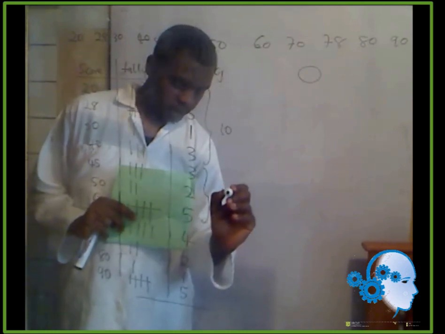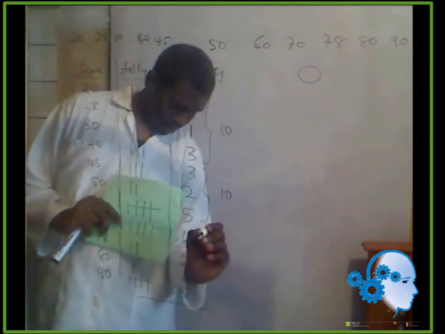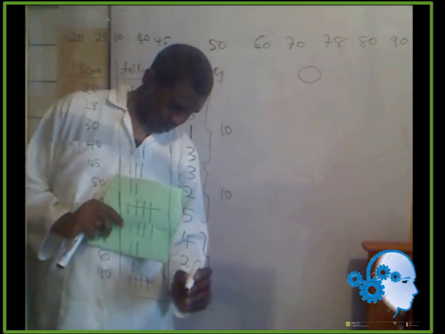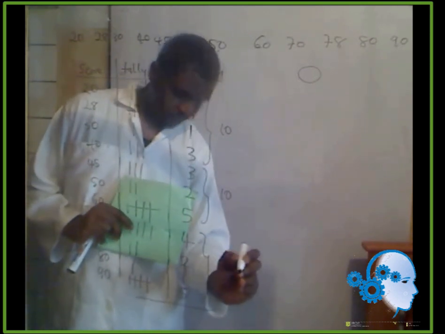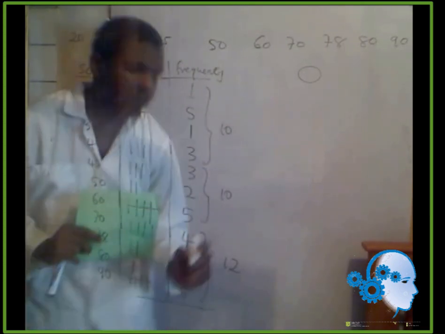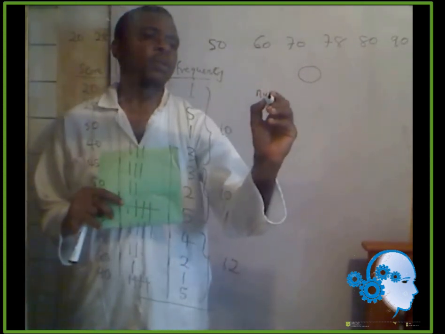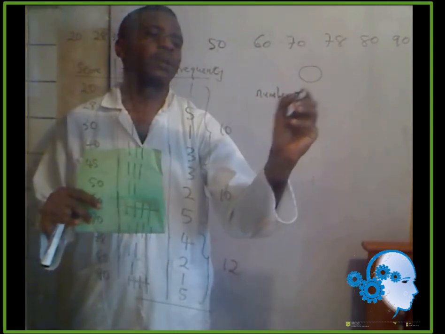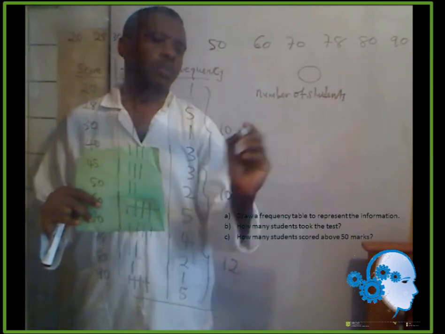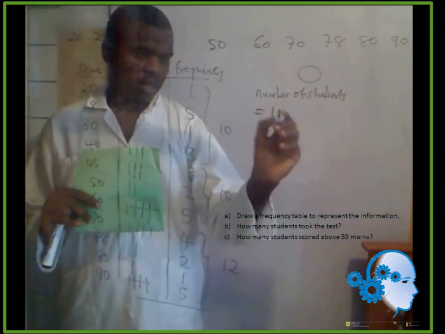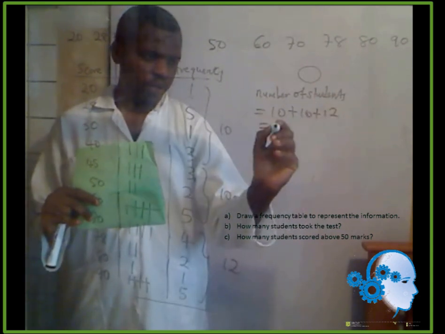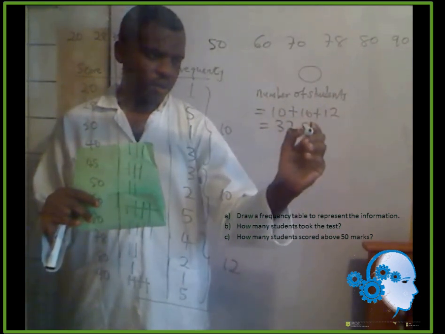It's another 10. 6, 7, this is 12. So if I add all of these, number of students will be 10 plus 10 plus 12, which will give me 32 students.